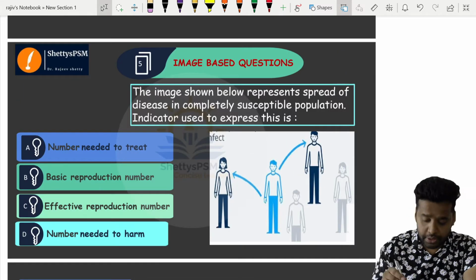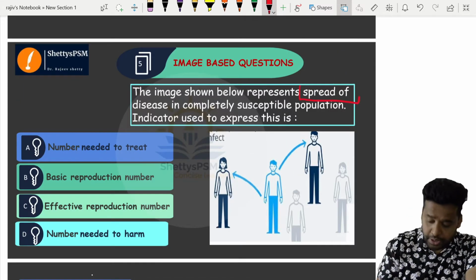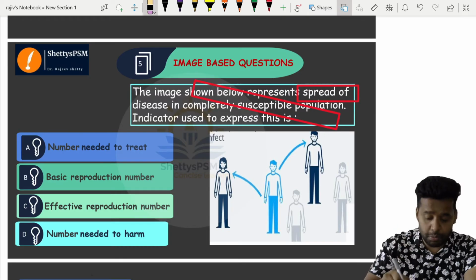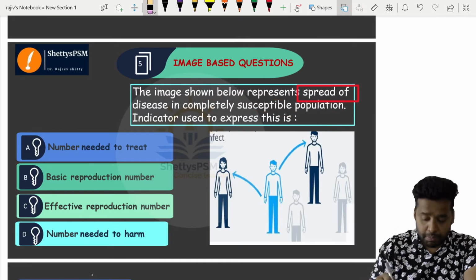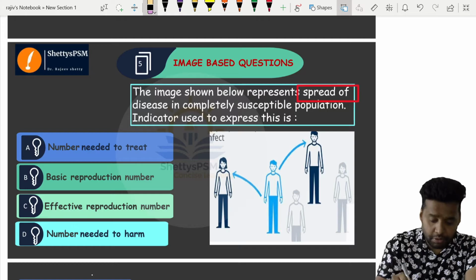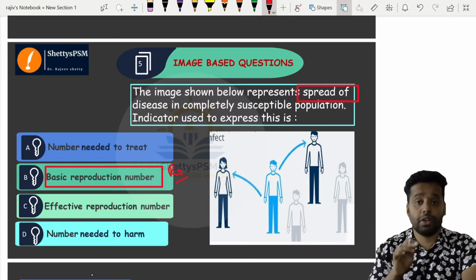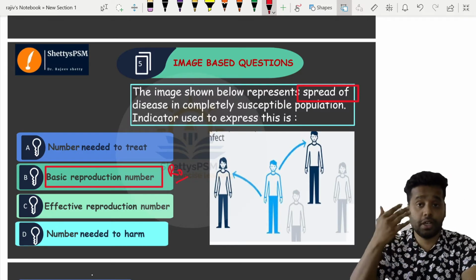The next question is telling the spread of disease in a completely susceptible population. See the keywords: spread of disease in a completely susceptible population. Your answer will be basic reproduction number, indicating the spread of disease. On an average, how many cases can one case produce?